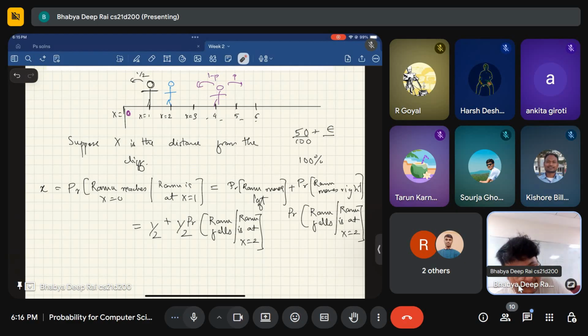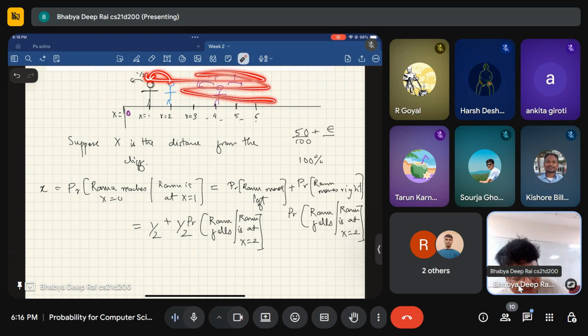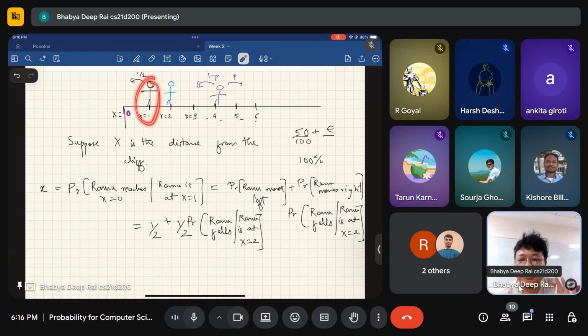So if Ramu is at x equals 2 and he's supposed to fall, he could be taking arbitrary paths, but definitely after some time he needs to reach x equals 1 and then reach x equals 0 and fall. Maybe he reached x equals 1 and then did all this business and then he fell also. That's okay, we'll handle that. But firstly, what we notice is that if he starts from x equals 2, in order to fall, he definitely needs to reach x equals 1 first.